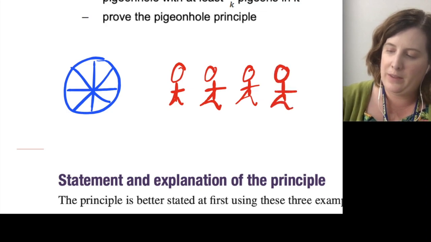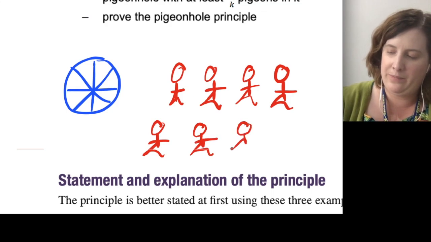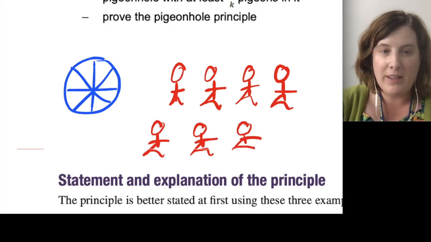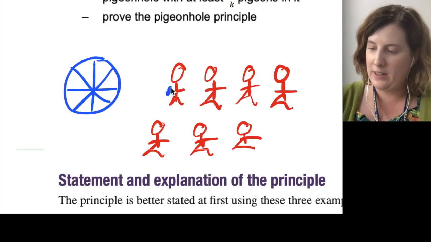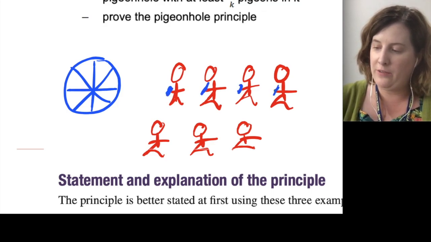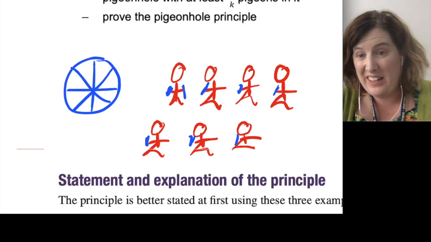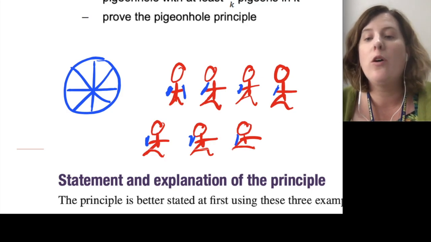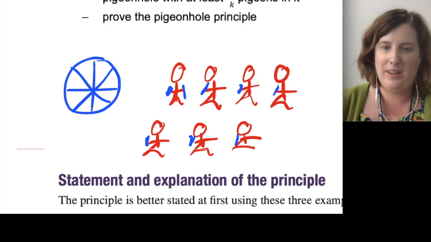So we've got 7 kids, 8 pieces of cake. At least 1 kid has to get more than 1 piece of cake. Well, 1 kid must have to get 2, or 2 kids could get 2 and then another kid misses out. The whole point is that at least 1 kid has to have more than 1 piece of cake.